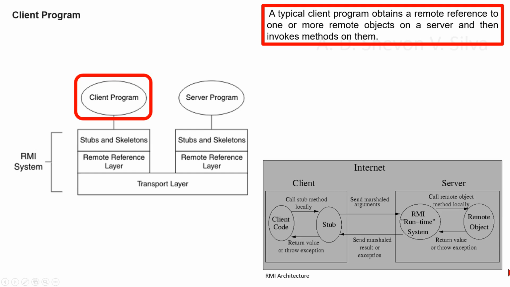The overview of RMI architecture is shown in this figure here. This is another figure to depict RMI architecture. The important parts of the RMI architecture are the stub class, the object serialization, and the server-side runtime system.